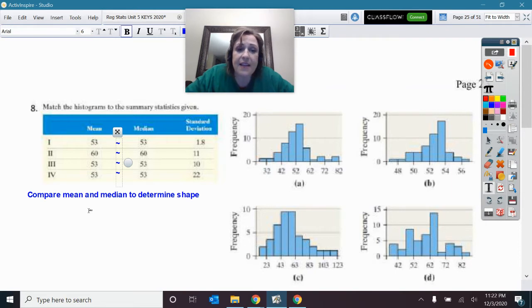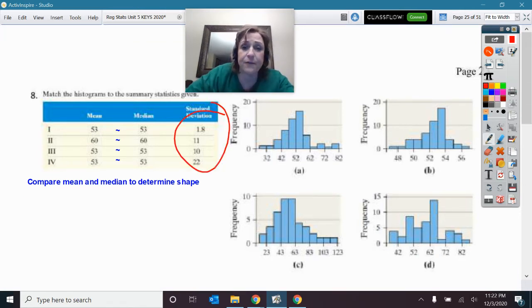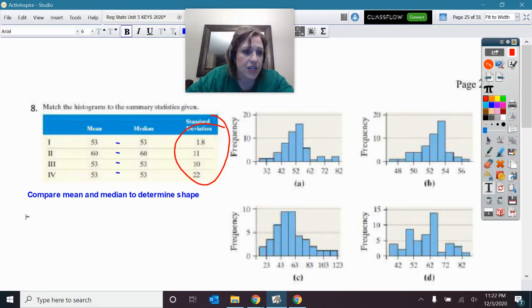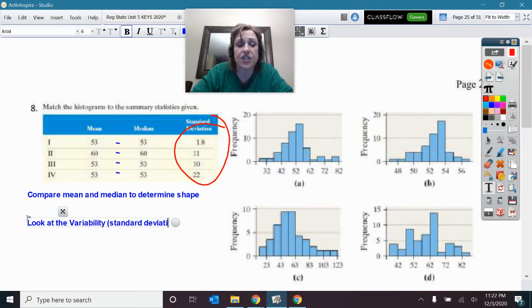Since they're all somewhat symmetric, the big difference between them is their standard deviation and their variability. So that's the thing that I'm going to look at next. Next, I'm going to look at the variability, and we know that's our standard deviation. I would look at how spread out this data is.